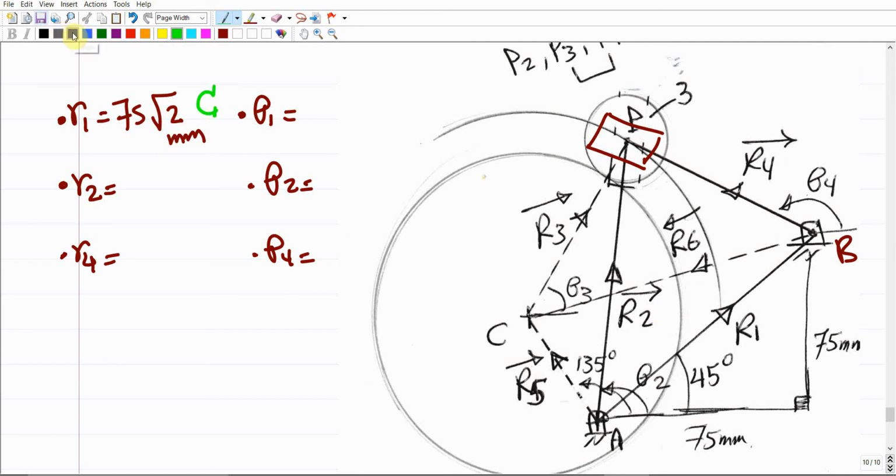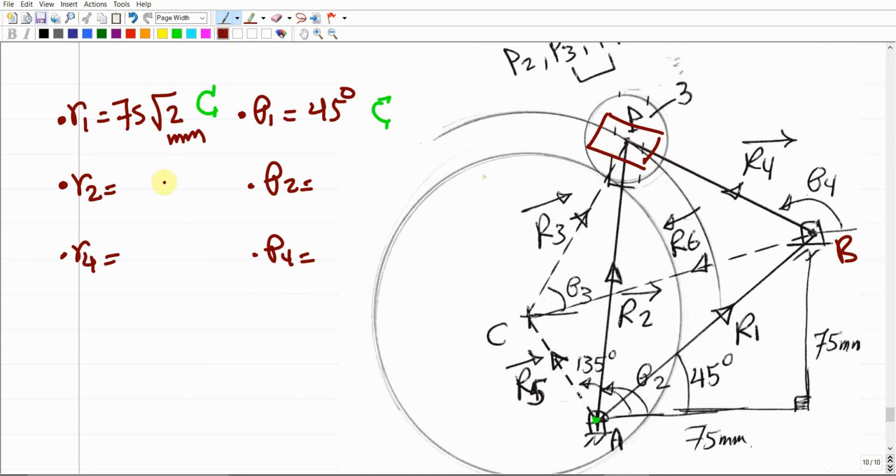How about theta 1? Theta 1 is already given here, it is 45 degrees, because from the start point, if you draw a line to the right and rotate counterclockwise, this gives us theta 1. Theta 1 is definitely 45 degrees, and again, it is a constant value. This is for R1. How about R2? R2 should be the distance between point A and point P. We have no clue how much it is, and it is not given.